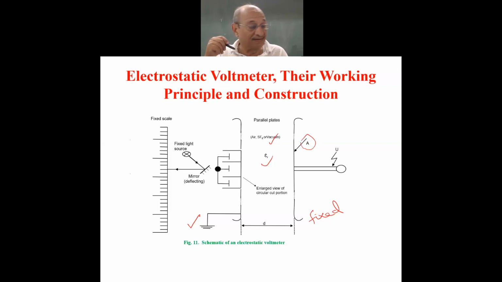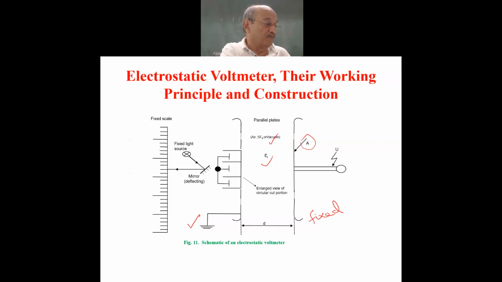A cut made in the, just a minute, an annular cut. The cut is made to be annular in the ground electrode. In the ground electrode, an annular cut is made.